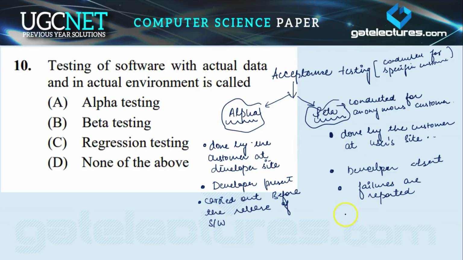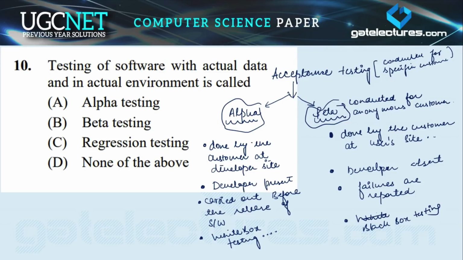So this is a type of black box testing, and this is a white box testing. Why? Because when the customer is present at the developer side, the developer is able to go through the internal structure, give input and check the output against the desired output, so it's able to test the whole software.